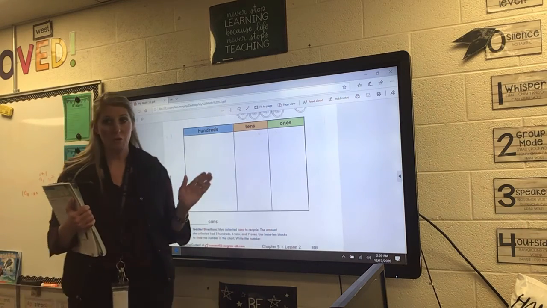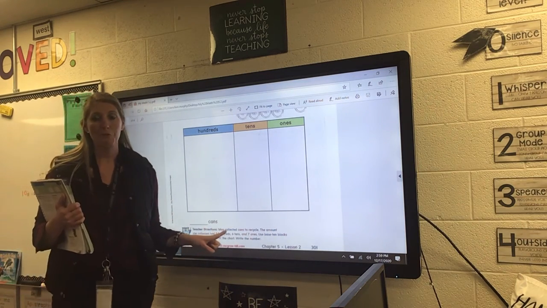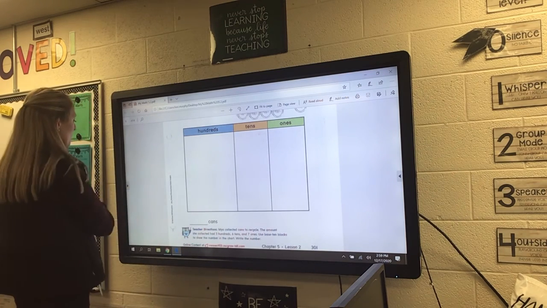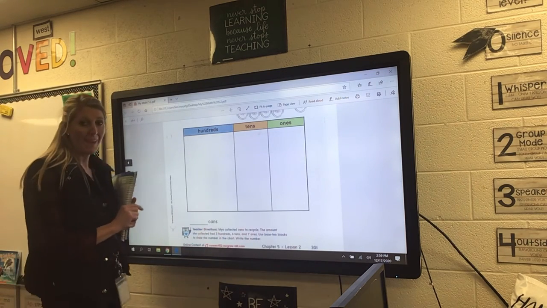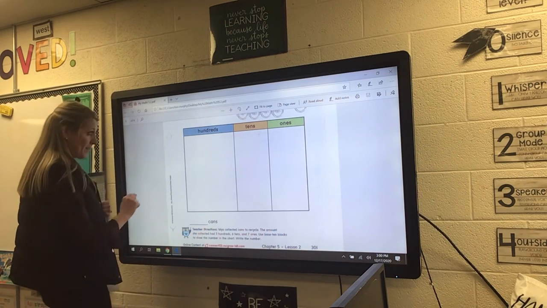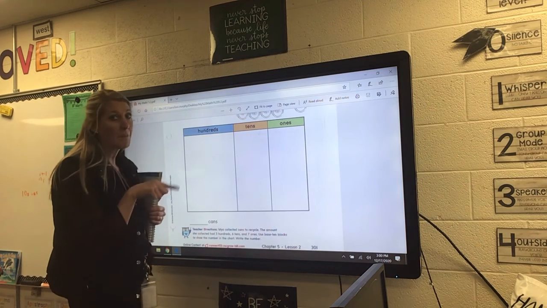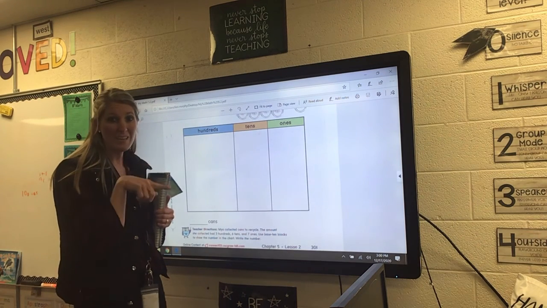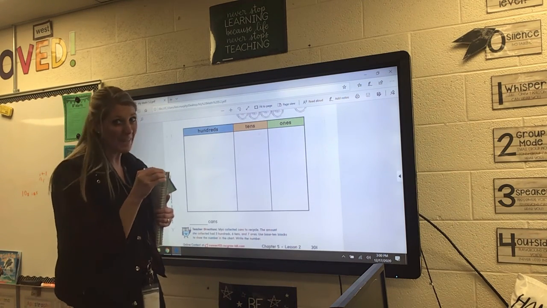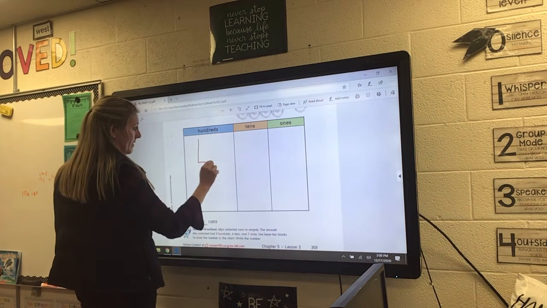So let's first draw our base 10 blocks. The first number is 300. When I hear 300, I know hundreds are the big flats, the squares. So in this box up here, you need to draw 3 of them. Now remember, you don't need to draw and show me that there's 100 cubes on that flat, because we don't need to take the time to draw those 300 ones.